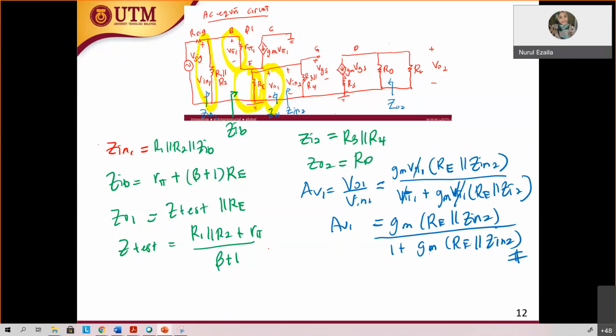AV2. For the AV2, what color is left over here? I want to use purple. So AV2 is equal to V out 2 over V in 2. Tell me, what is V out 2? I think you already know.